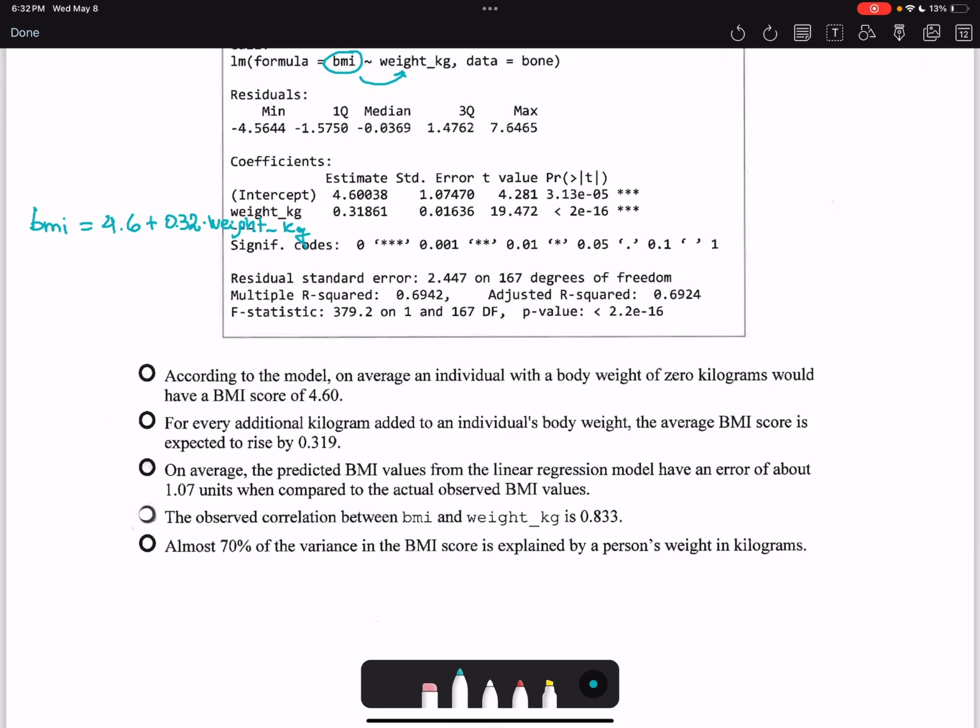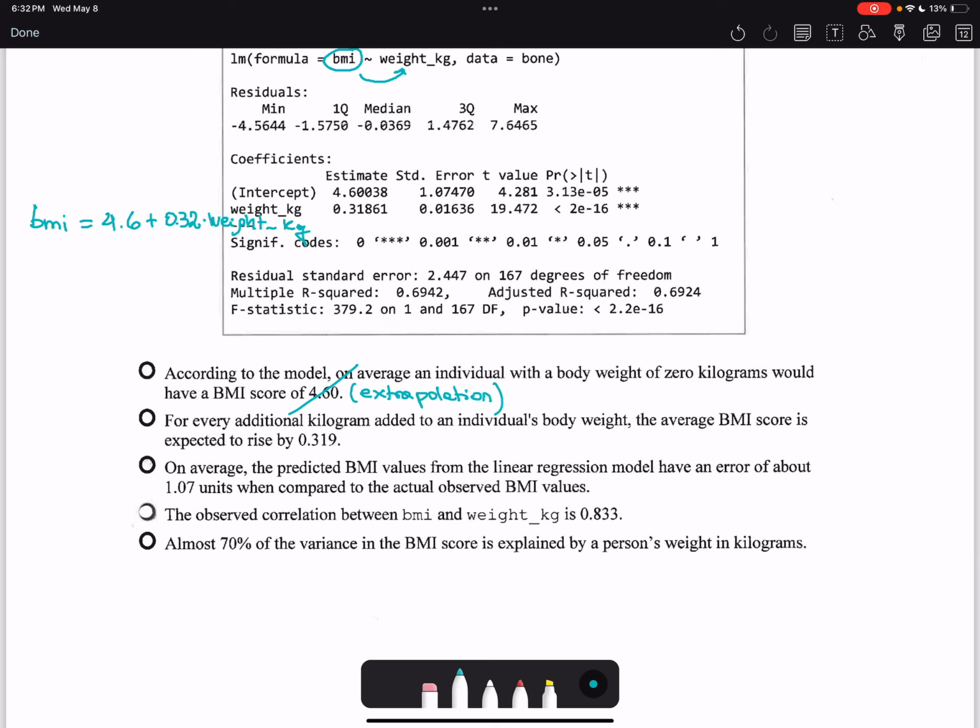Well, if you weigh 0 kilograms, you don't exist. So I'm not sure that this would be correct. Let's cross it out for now. It'd be correct in terms of the model, but it's an extrapolation. This is an extrapolation because we're trying to predict something that is outside the observed predictor range.